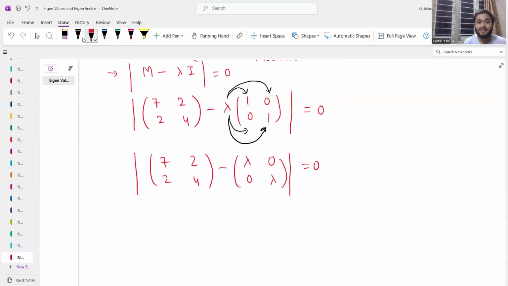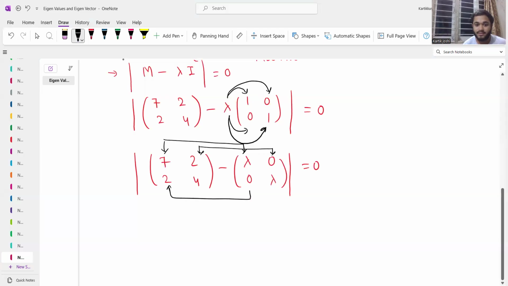Now the basic subtraction: 7 minus lambda, 2 minus 0 is 2, 2 minus 0 is 2, and 4 minus lambda.